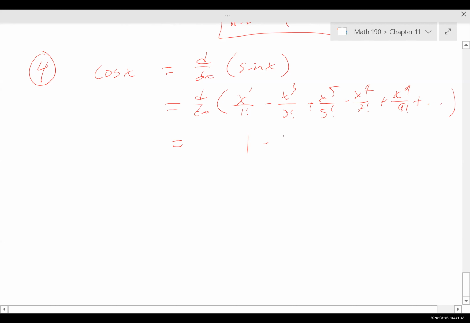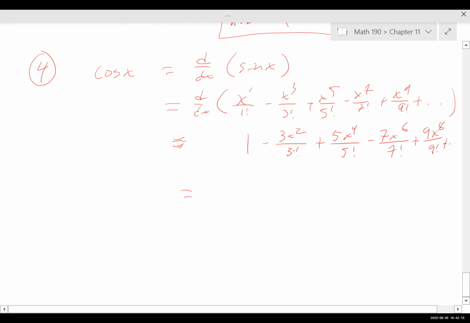That's minus 3x squared over 3 factorial, plus 5x to the 4th over 5 factorial minus 7x to the 6th over 7 factorial plus 9x to the 8th over 9 factorial plus dot, dot, dot. That's the derivative of sine x.